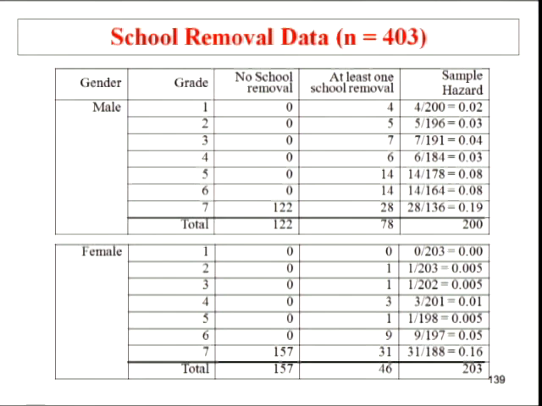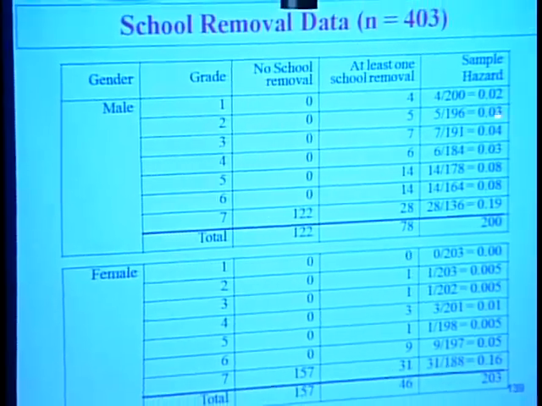Among the surviving 196, 200 minus 4, that have not yet experienced their first school removal, 5 experience school removal in grade 2. So the 196 is considered the risk set, which is a different set of individuals than in the beginning of grade 1. So 5 over 196 is then the sample hazard.